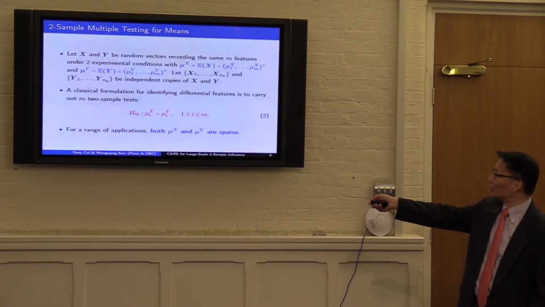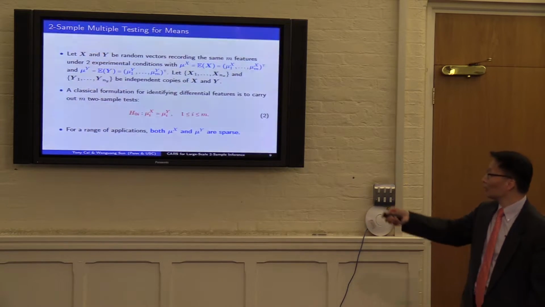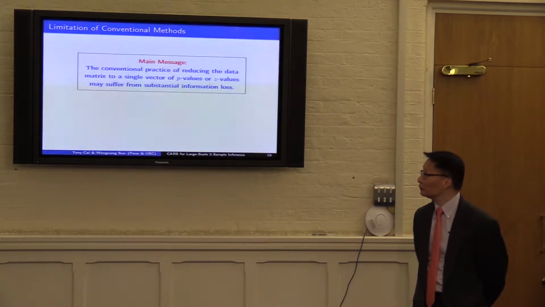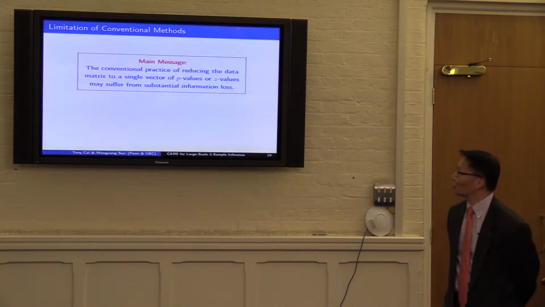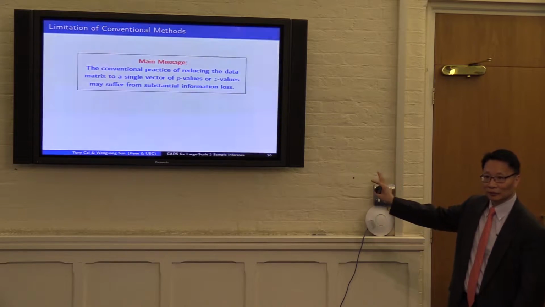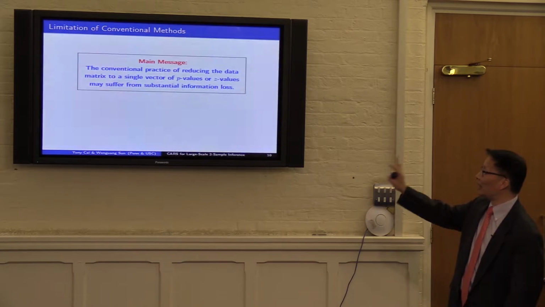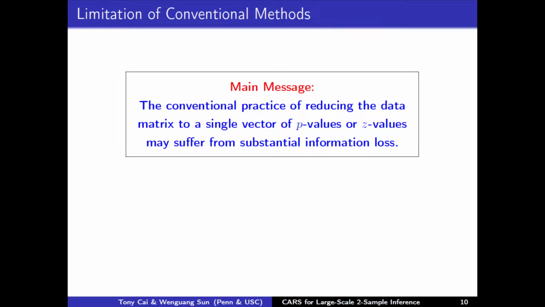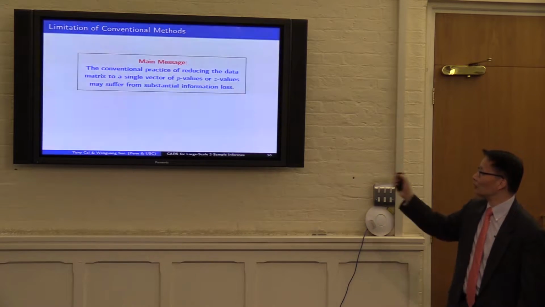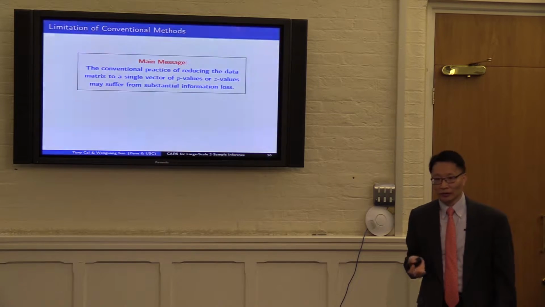And for many applications, both mu X and mu Y are sparse. And the key message, if we only allow to remember one thing, that's the thing we should remember. That the conventional method of data reduction, which reduces the data matrix to a single vector of p-values or z-values, will suffer from substantial information loss.